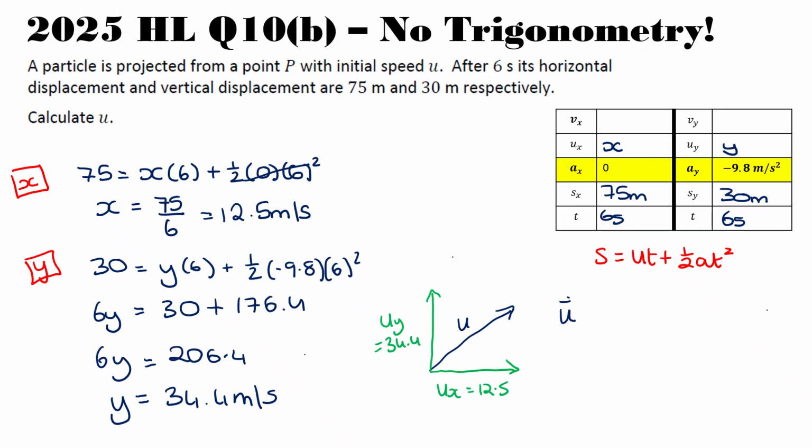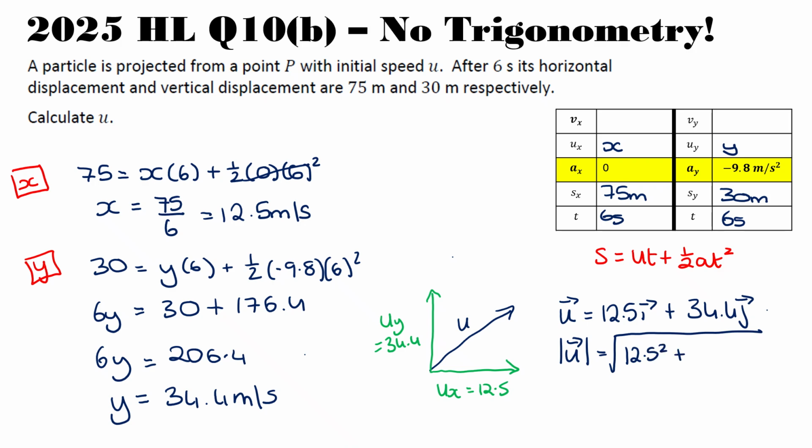If you think about it this way, we have u is equal to 12.5i plus 34.4j, and then we want the magnitude of that, which is the square root of 12.5 squared plus 34.4 squared, and that gives us our final answer for u as 36.6 meters per second.